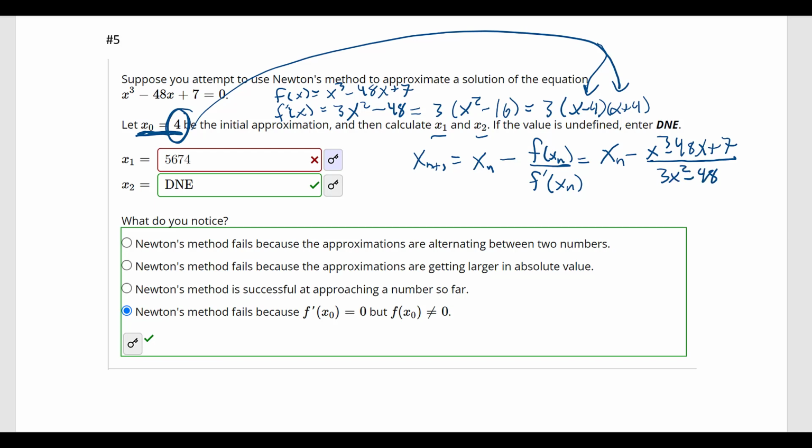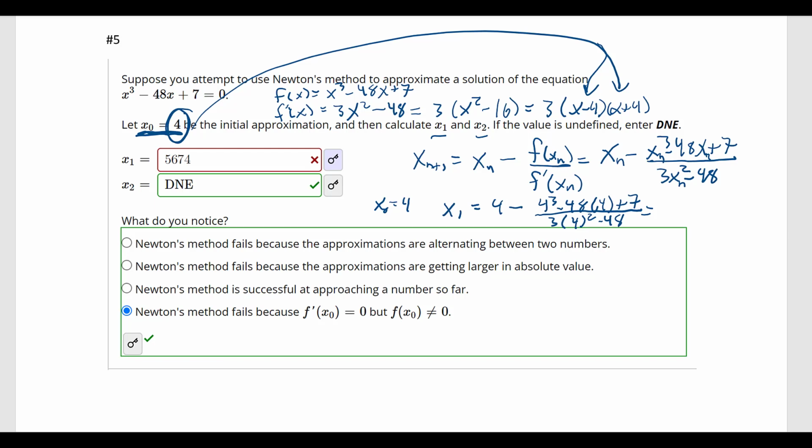If we're starting at x sub 0 being 4, our x1 would be 4 minus 4 cubed minus 48 times 4 plus 7, divided by 3 times 4 squared minus 48.